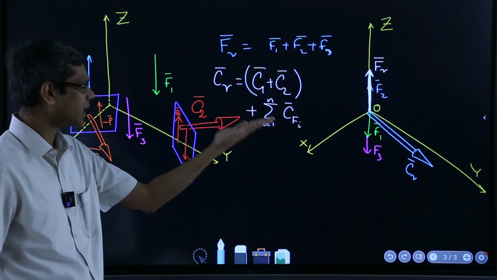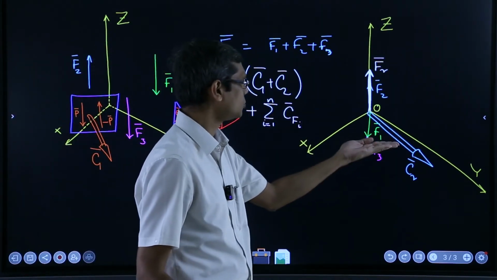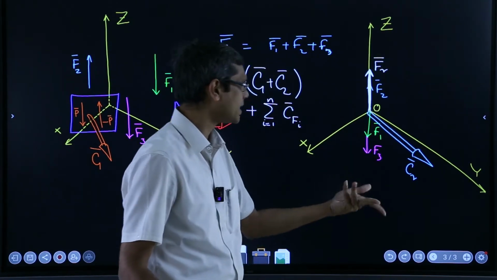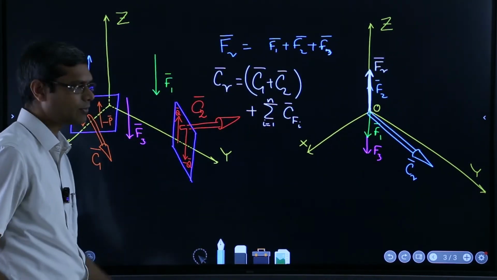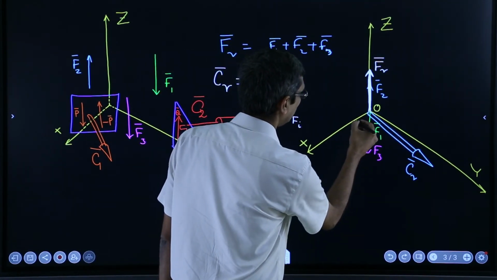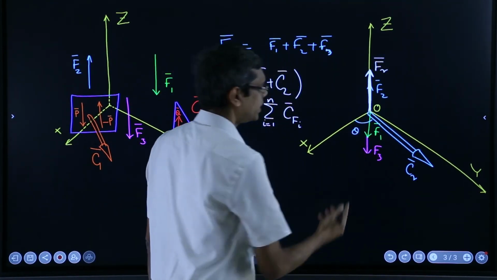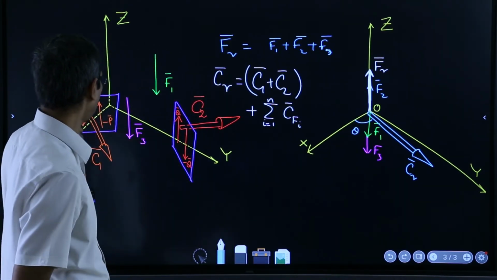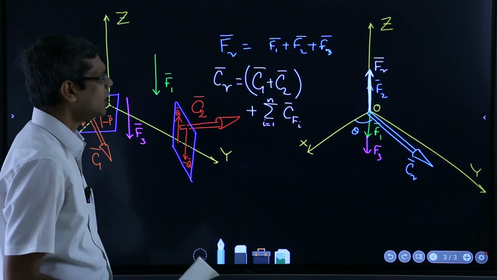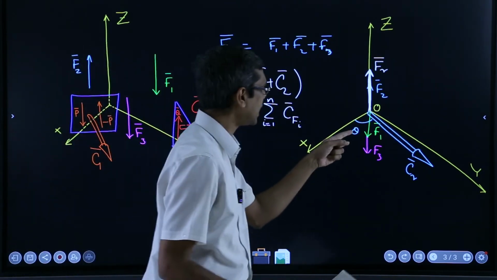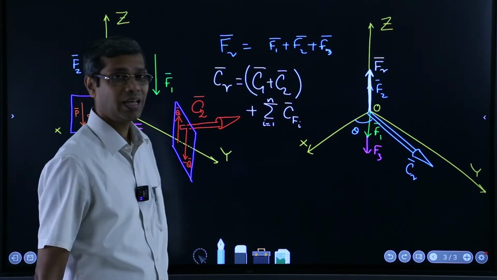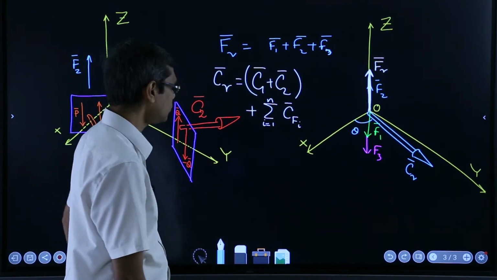It's a free vector. I can bring it to meet the origin, and it lies on the xy plane somewhere. This angle is not known now. This angle could be anything based on their relative sizes and their relative directions, but whatever the angle theta may be, it will lie on the xy plane. Okay. So is that the best that we can do?